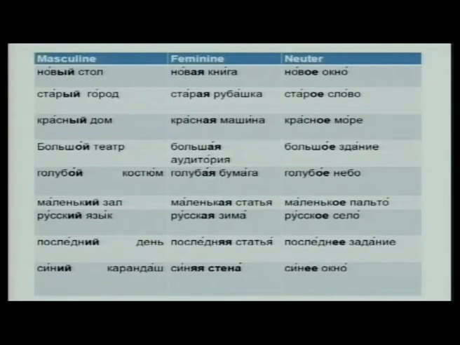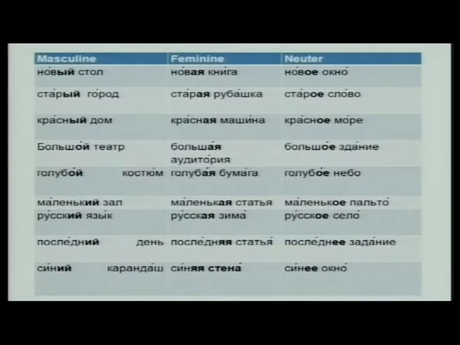But if you want to translate it, it would be the big theater. Большая аудитория, the big auditorium. Большое здание, big building. Голубой костюм, blue suit. Голубая бумага, blue paper. Голубое небо, blue sky. And accordingly we have маленький зал, small hall. Маленькая статья, small article. Маленькое пальто, small coat.